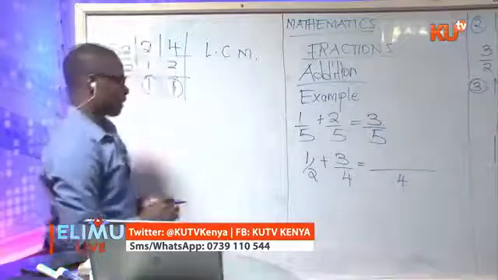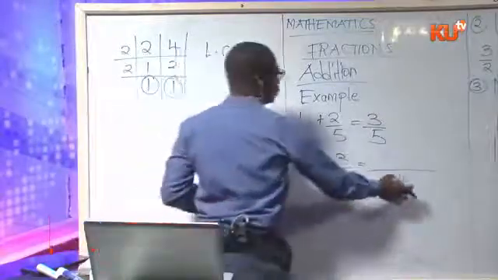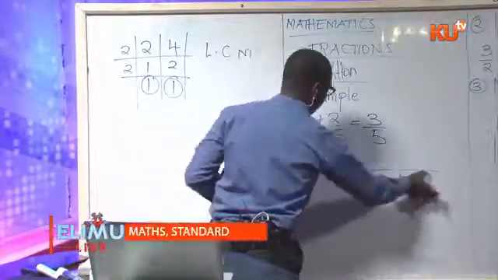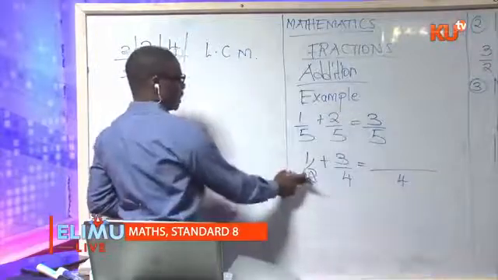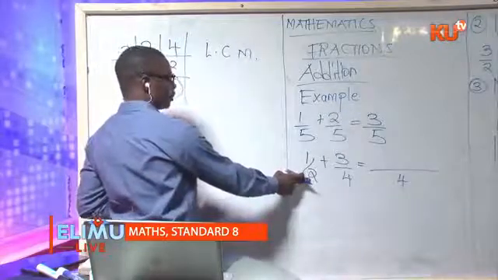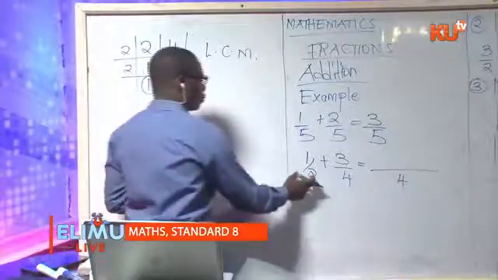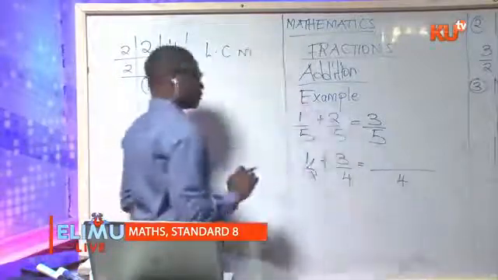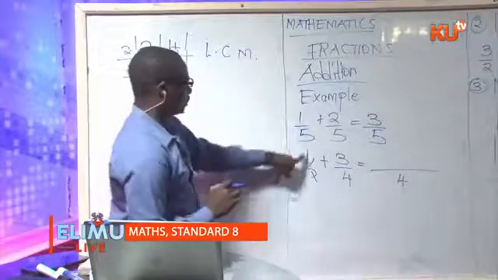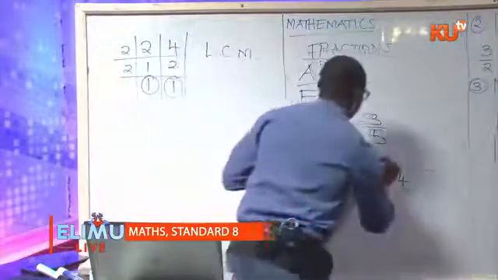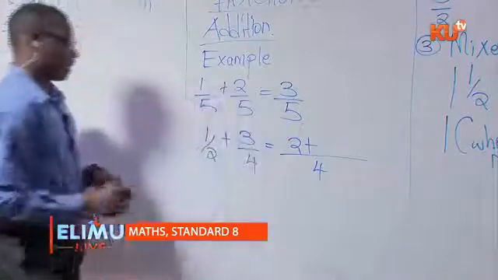Now, the next thing, you take the denominator for the whole, divide by the denominator of the first fraction, then multiply by the numerator. So 2 goes into 4, how many times? 2 times. 2 times 1 is 2, so you write it there.